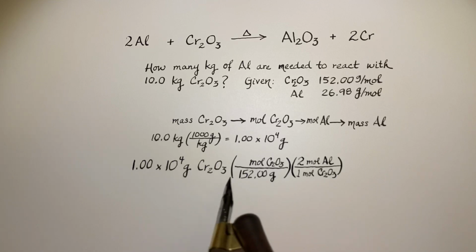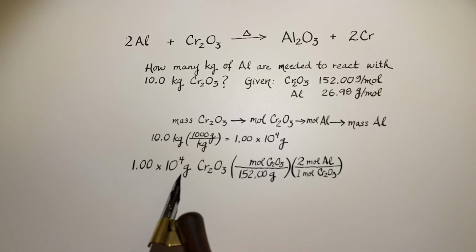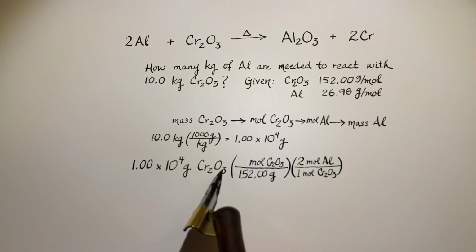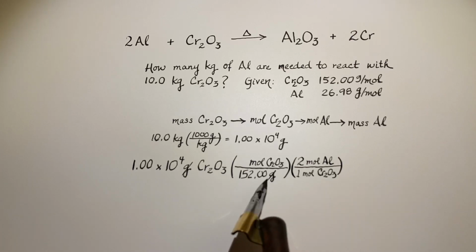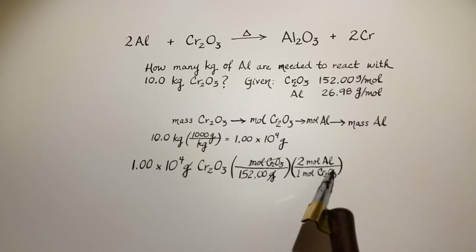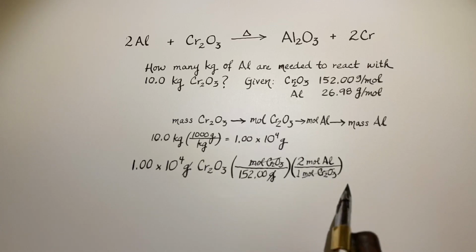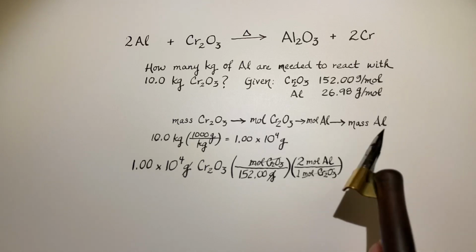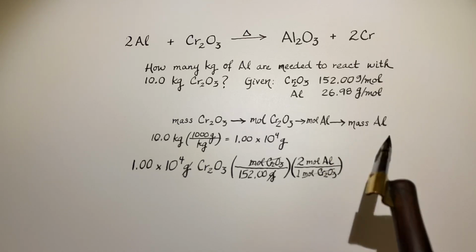So let's see, how far along are we? We have converted grams to moles of chromium 3 oxide. We have now converted moles of chromium 3 oxide to moles of aluminum, but ultimately we want to know the mass of aluminum.